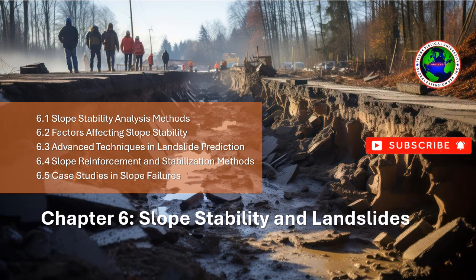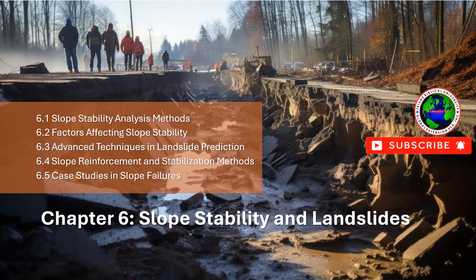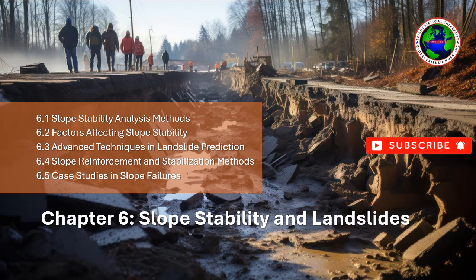Key techniques. Predictive modeling using machine learning algorithms such as decision trees, random forests, and support vector machines can analyze large datasets containing information about past landslides, topography, soil properties, and environmental factors.